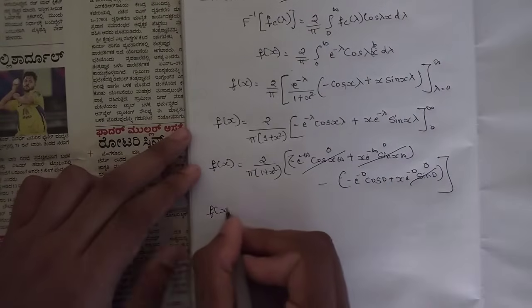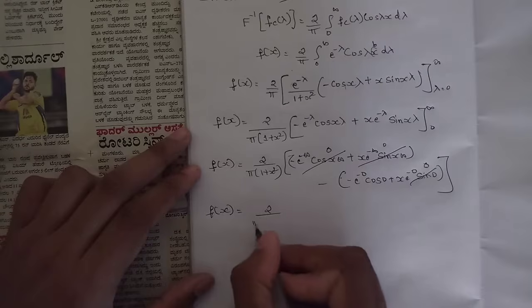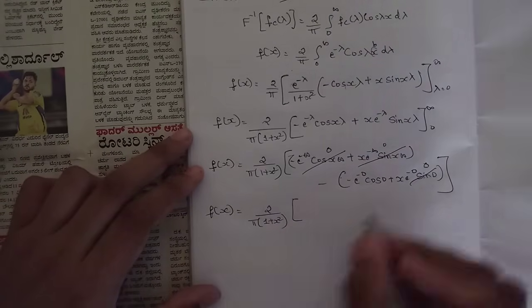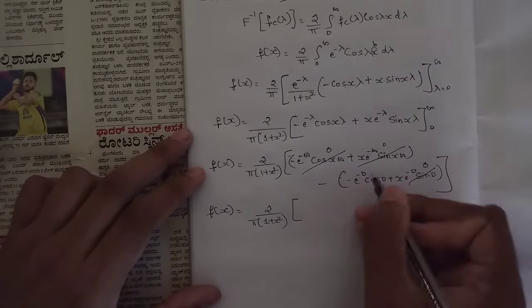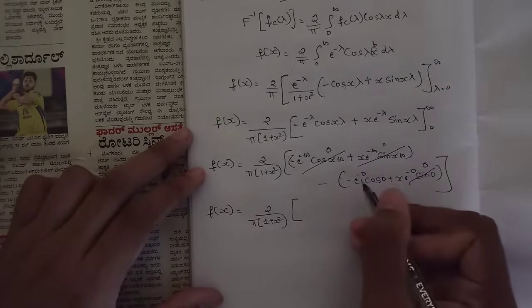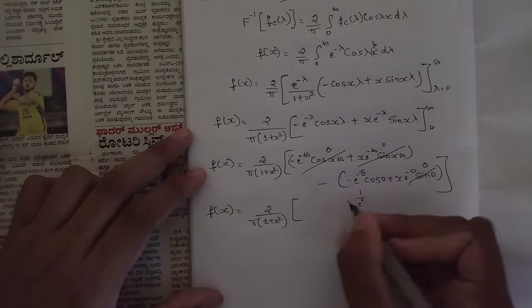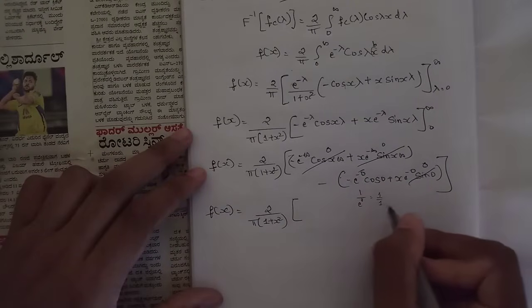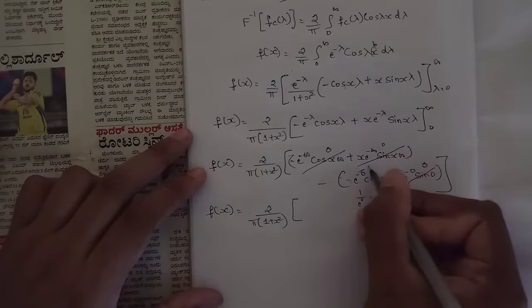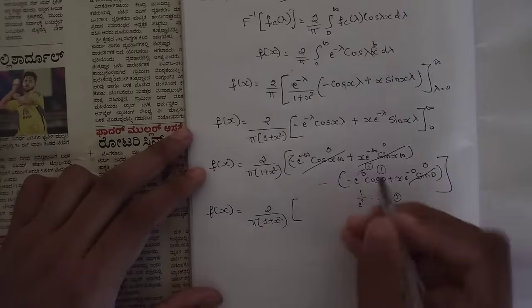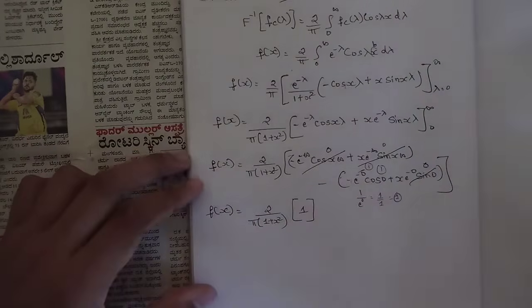So the left out term here is 2 by pi into 1 plus x square, minus into minus is plus, and e to the power minus 0 can be written as 1 by e to the power 0, and you know that e to the power 0 is 1, so 1 by 1 equals 1, and also cos 0 is 1. 1 into 1 is 1, minus into minus is plus, so 1 would remain.